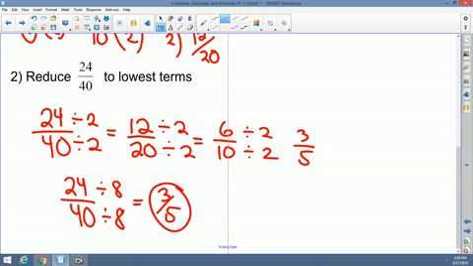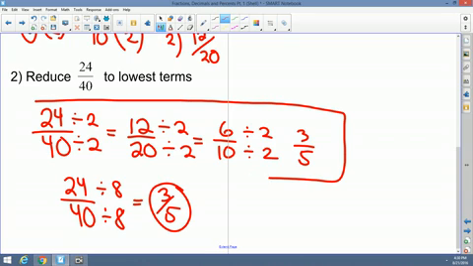If you could recognize the GCF right from the get-go, it's a lot easier because all you have to do is just divide the numerator and denominator by that GCF, and you're done. If not, go the long way. I promise you, with enough practice, you will get very good at this and very quick.